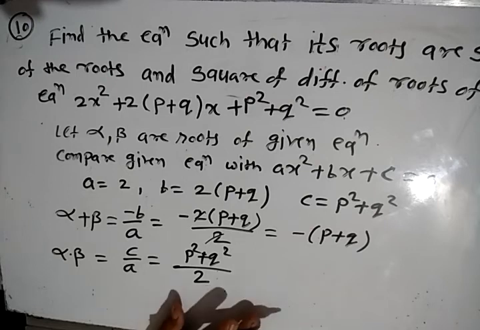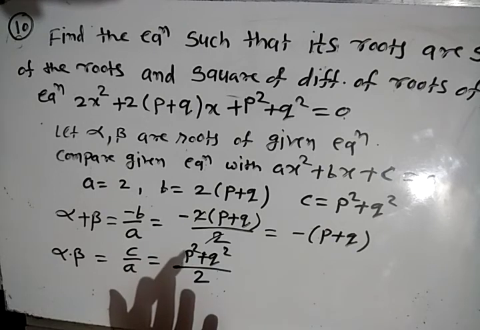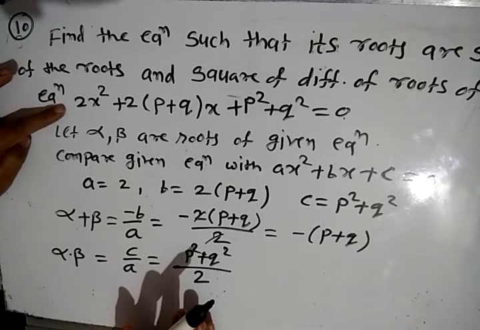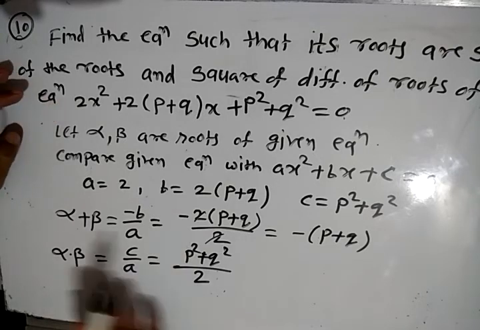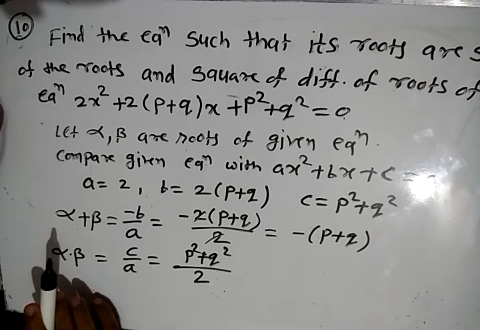Then after that, alpha and beta are the roots of the given equation. But the next step is very important. We have to consider the roots of the desired equation. This is the given equation, therefore we have to consider the roots of the desired, or required, equation.